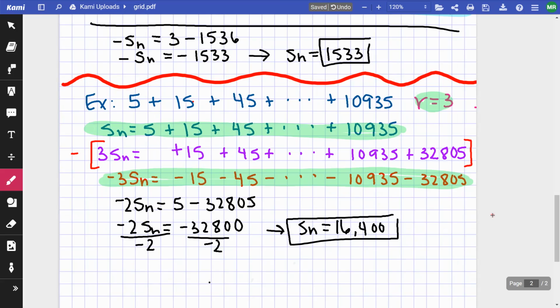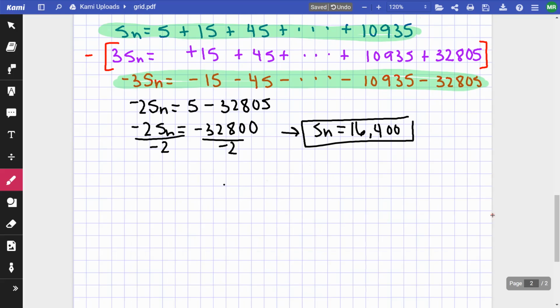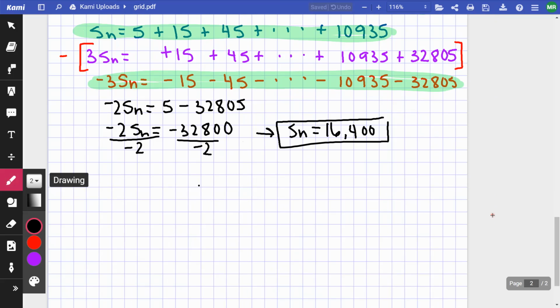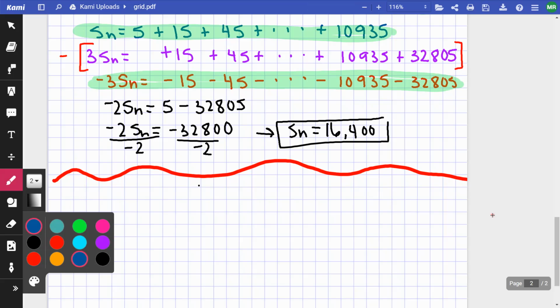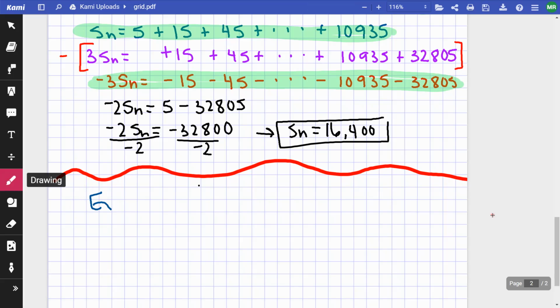Okay, so now what if I was doing this in general? So if I'm doing this in general, what I'm going to do is I am going to have, as my example, I'm going to be adding my first term, let's say that's a sub 1, with my second term, let's say that's a sub 2.